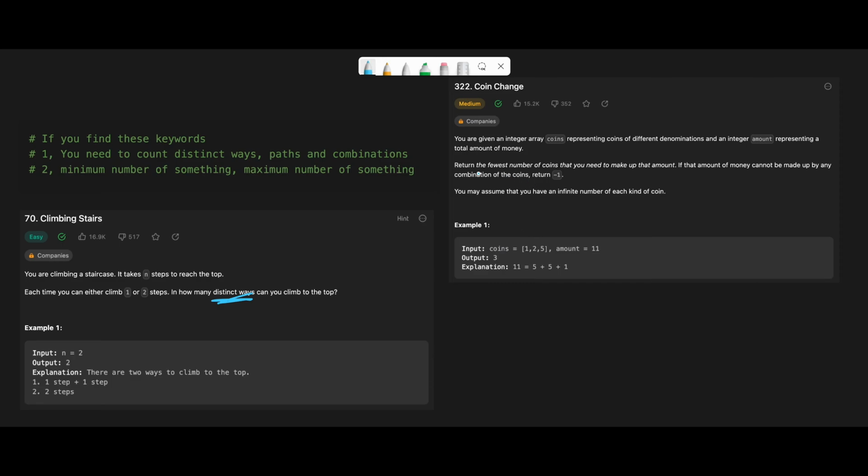The question says to return the fewest number of coins that you may need to make up that amount. Fewest number is similar to a minimum number of coins. So in that case, there is a possibility that you can apply dynamic programming to the question.